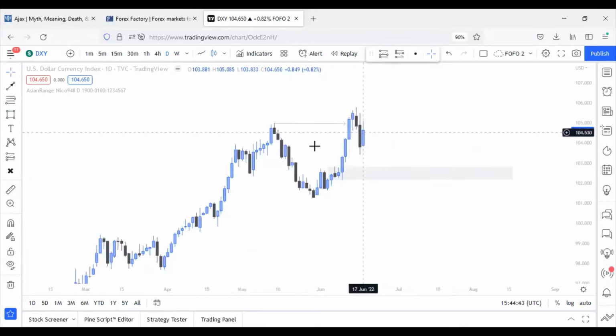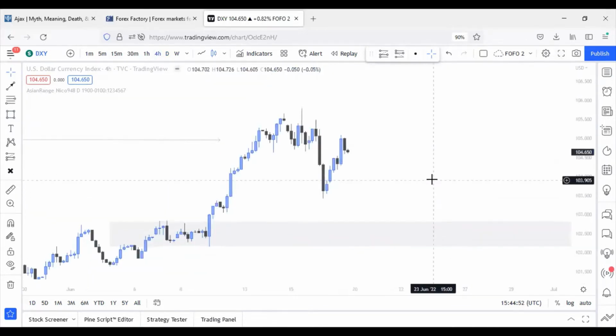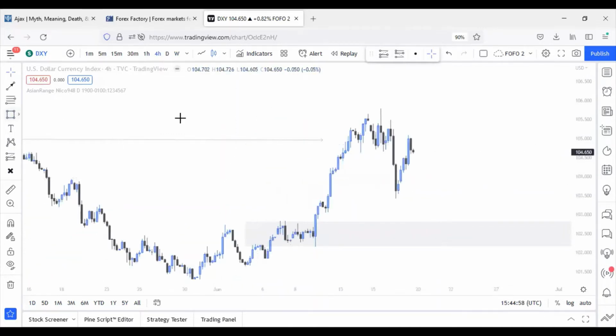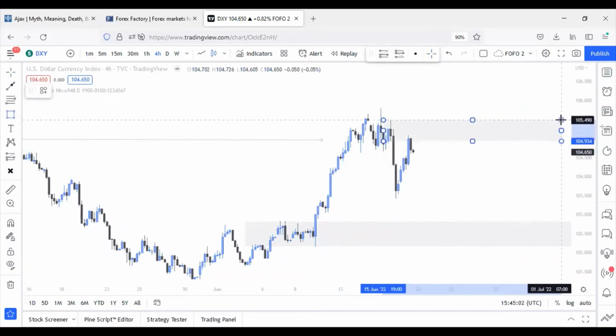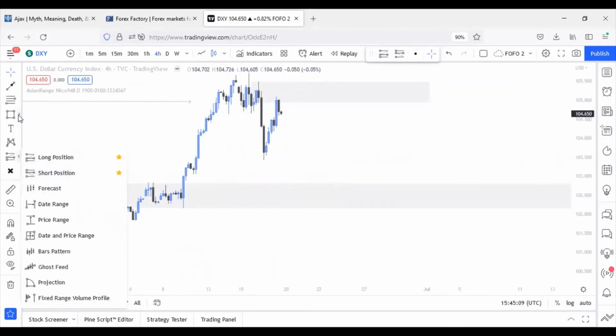So what we could see is, seeing as there's been a change of character on the daily time frame, which is sort of like a break of structure on the 4-hour, and seeing this really nice impulse to the downside, I would say that the Dixie could potentially sell off of this supply zone after having mitigated the order block that we see.